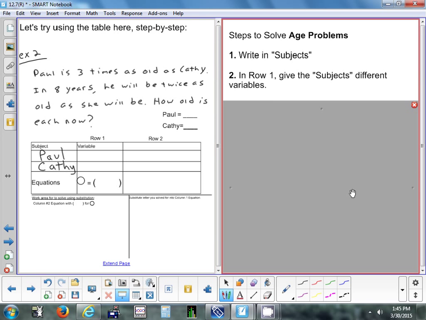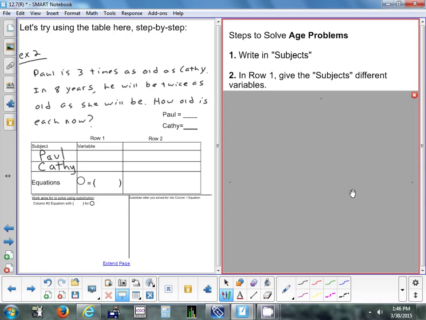Next, in row 1 on your table, we're going to give the subjects different variables, like Mr. Hager was saying earlier. You're going to have one letter that's going to represent each subject. So in row 1, give the subjects different variables.